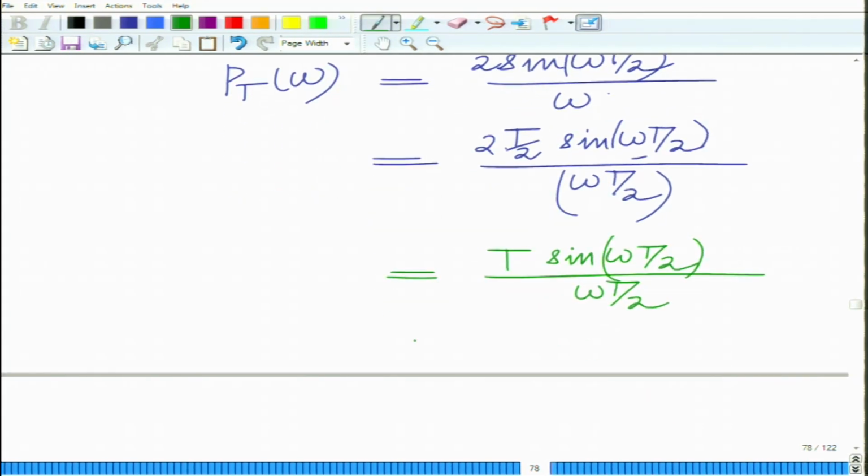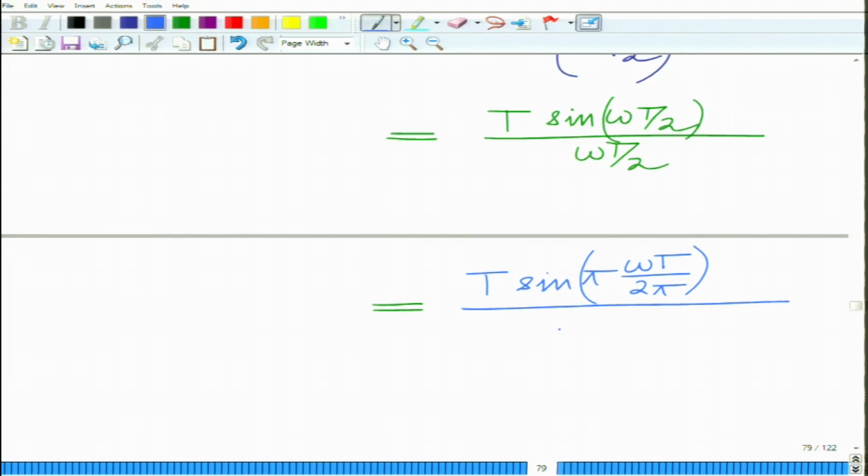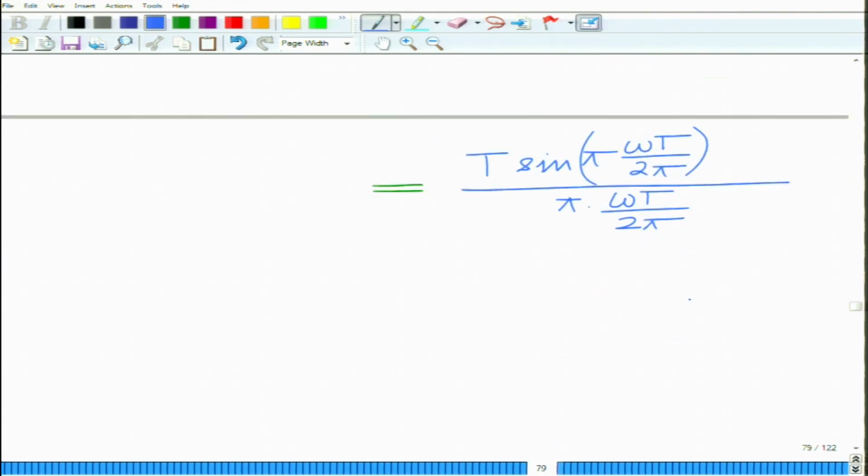Further, remember we are still simplifying the same expression, I can also write this as T sin of pi times omega T over 2 pi, divided by pi times omega T over 2 pi.